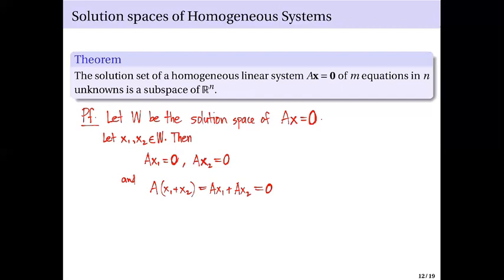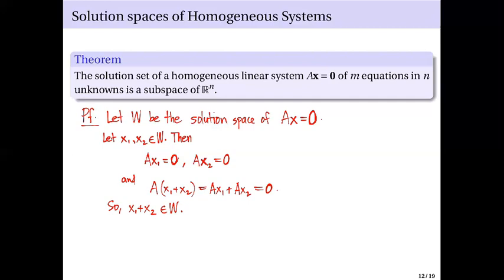So what does this mean? x1 plus x2 is also a solution of this and therefore must be inside W, because x1 plus x2 solves the equation AX equals 0. So this is your first statement.